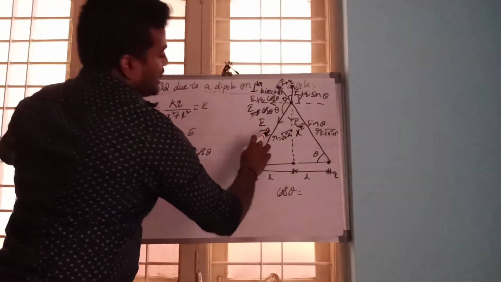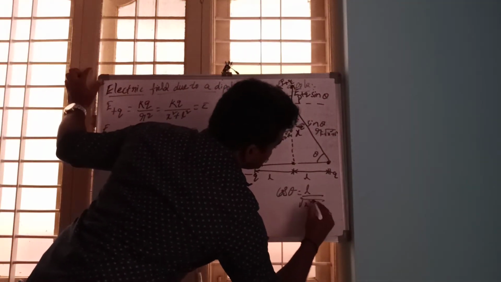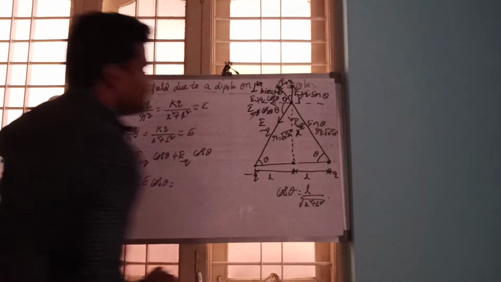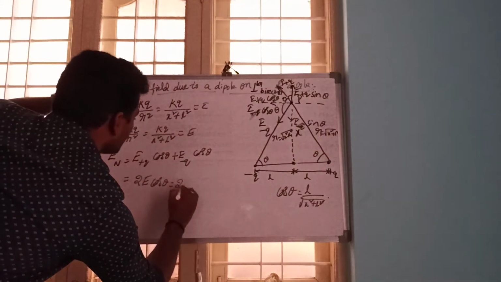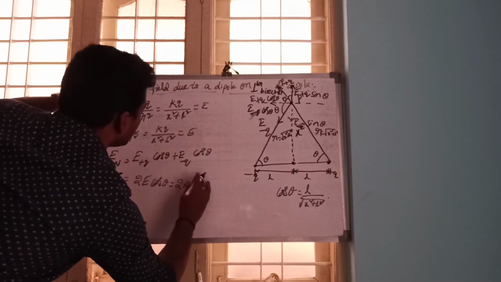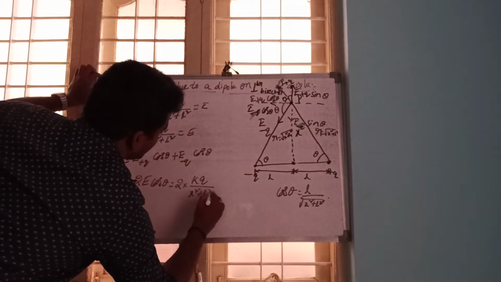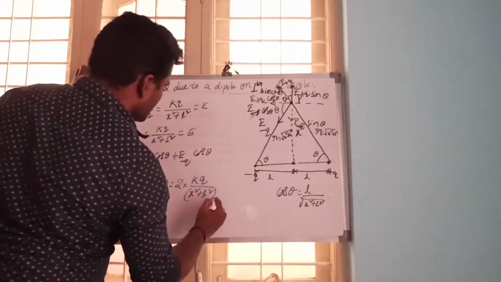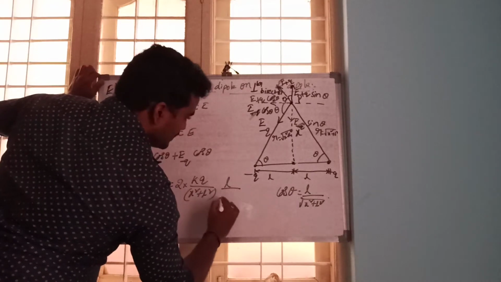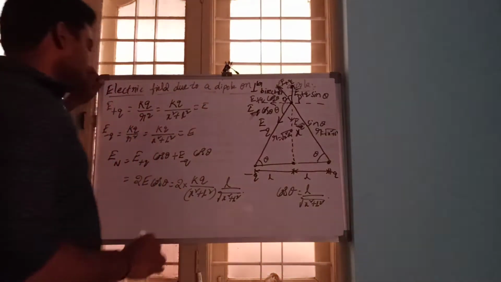Adjacent side by hypotenuse. So L upon root over x square plus L square. So 2 times k q upon x square plus L square times cos theta, which is L upon root over x square plus L square.